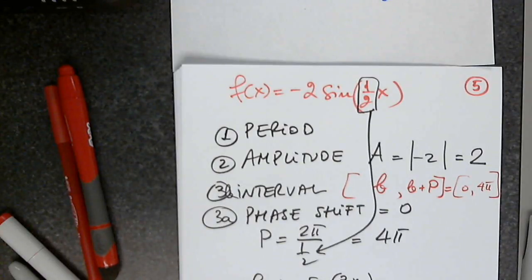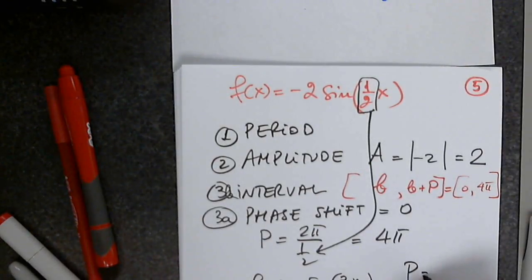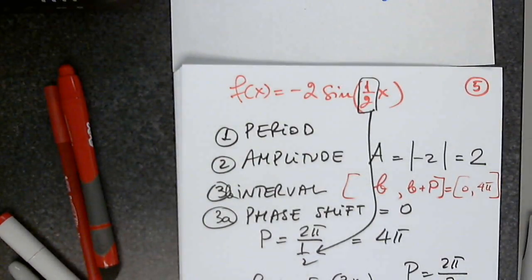Right, by a factor of 1/3. So what will be the period for this now? Exactly. So 2 pi divided by 3. So between 0 and 2 pi, how many complete periods of this function will I have?